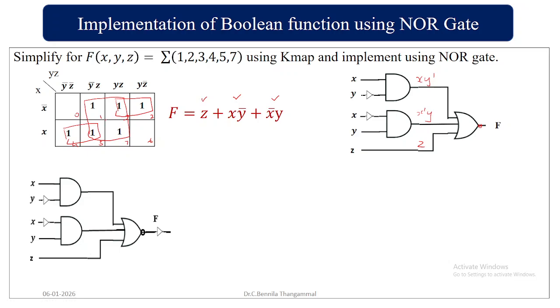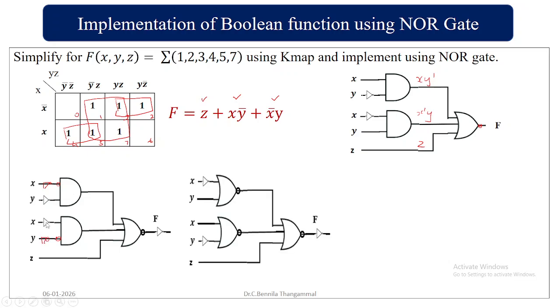So here I have 2 AND gates, so inverted AND will give you the NOR gate. So here at one end I have your bubble, so at the other end I have to introduce a bubble here, and then I have to give the compensation of a NOT gate. And here in this one I have a bubble, so here I have to give the bubble and then I have to give the compensation too.